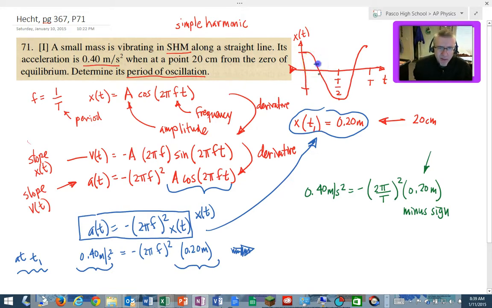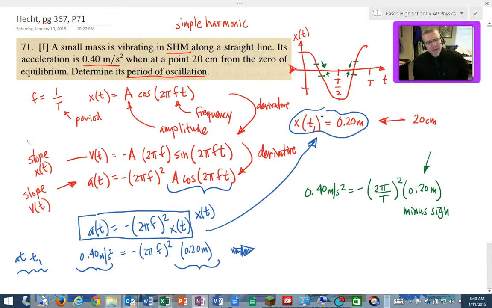Either way, about the origin, your accelerations are going to be symmetrical about the displacement from the origin. If they're not symmetrical, you can just wait a little while and it will be symmetrical. In other words, here the acceleration is towards the equilibrium point, and here it's towards the equilibrium point, so positive or negative. Here it's positive or negative.